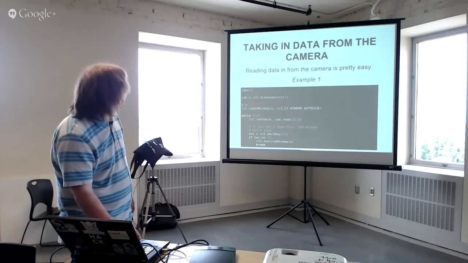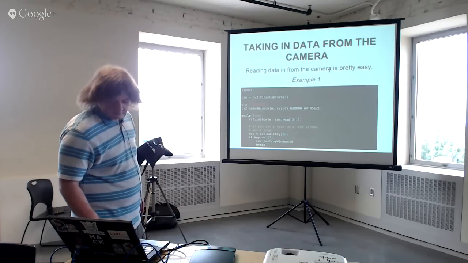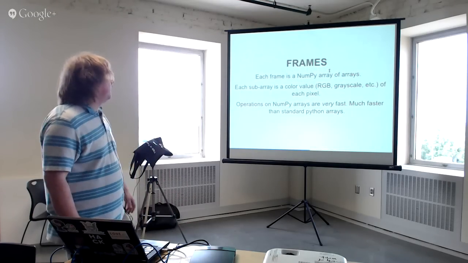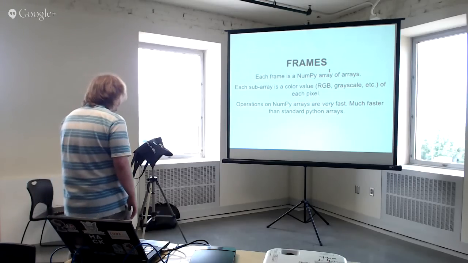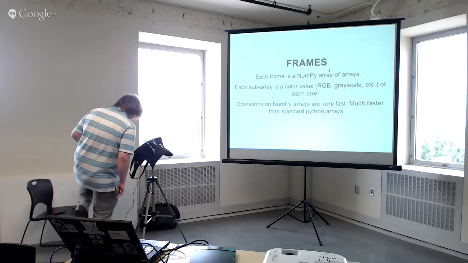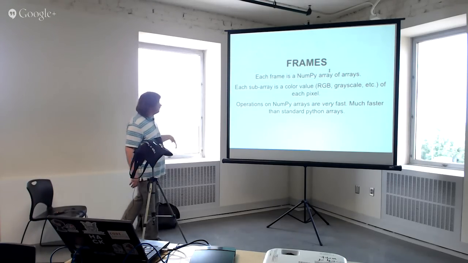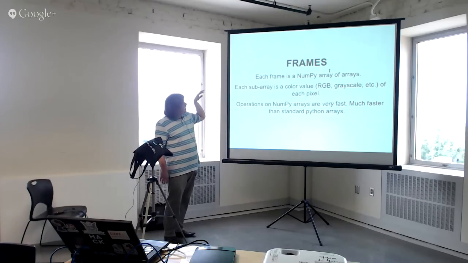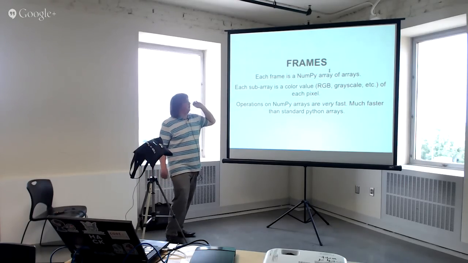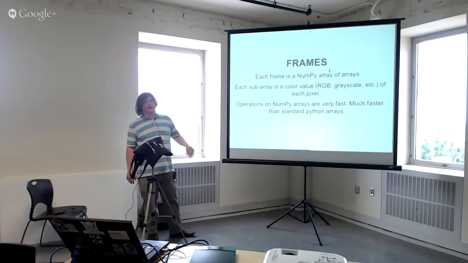And then, okay, let's go to the next slide. So an important part with working with images in general with OpenCV is that each image is represented as a NumPy array of arrays.